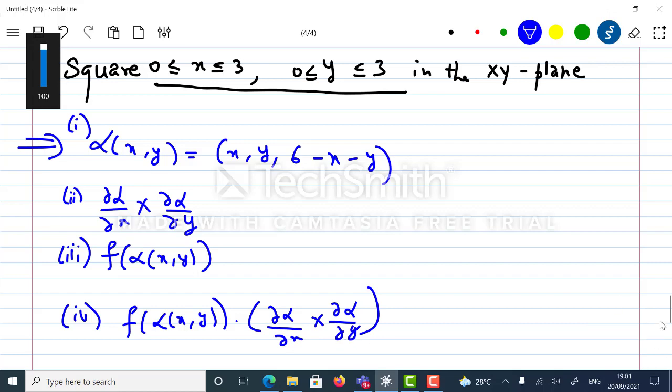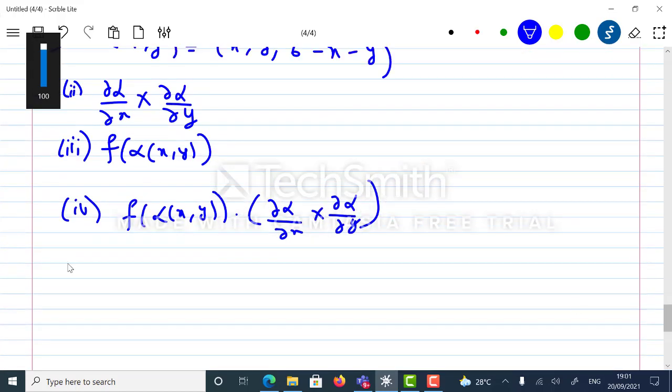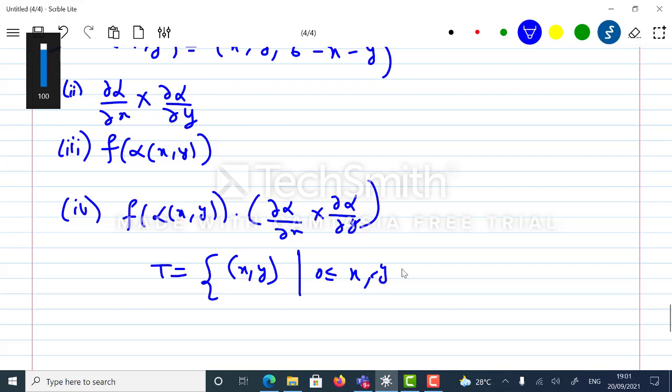Here let me write down what T is. T will be the set of all (x, y) such that x is between 0 to 3, and y between 0 to 3, right?